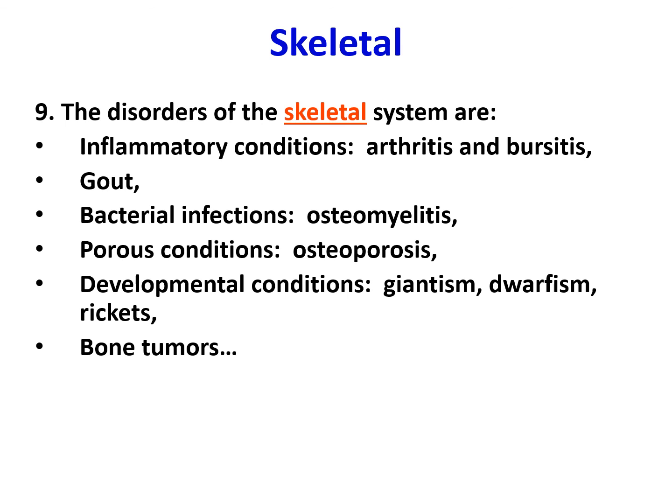So moving on to the skeletal system. Again, we're going to do each one of these systems. We're going to talk about diseases and disorders of that system, and then what type of laboratory tests can be done to diagnose, monitor, or treat this particular condition. So when we're talking about our skeletal system, we can talk about inflammatory conditions such as arthritis, bursitis, and gout, right?